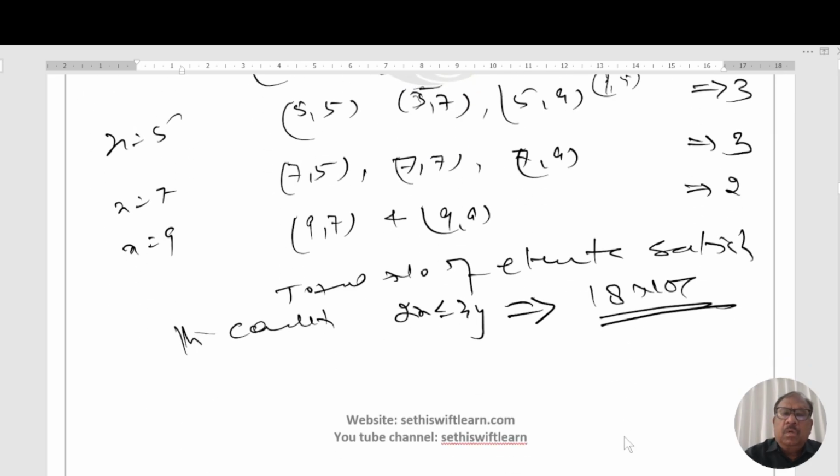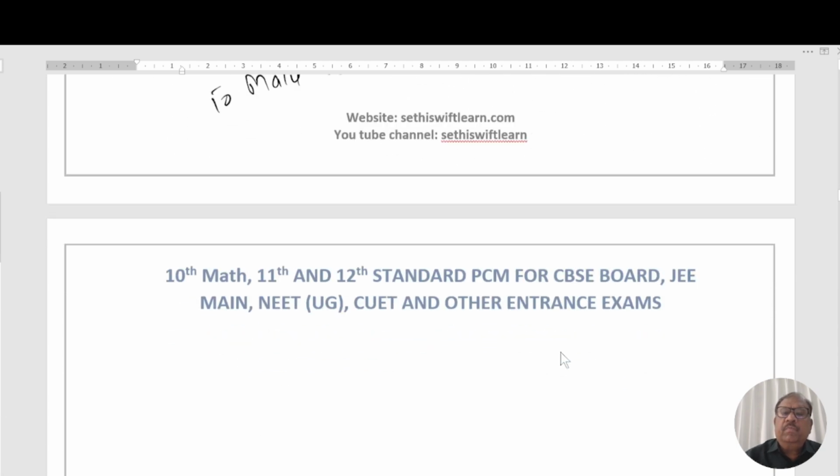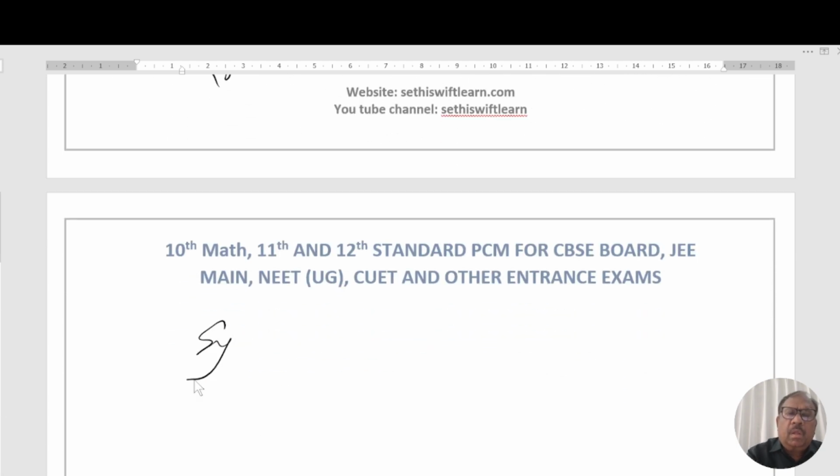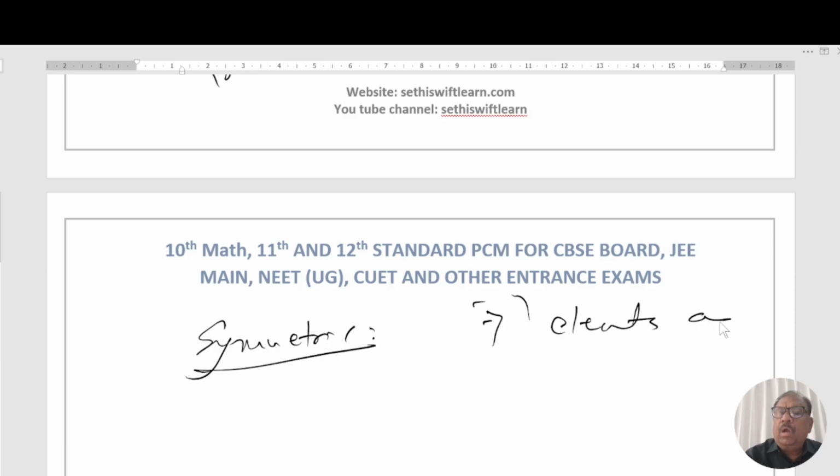Means to make the relation symmetric, 7 elements are to be added as shown above.